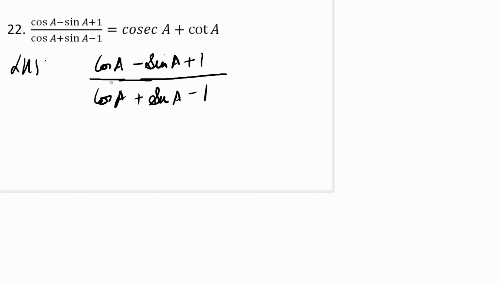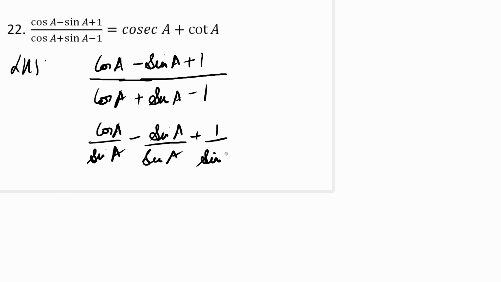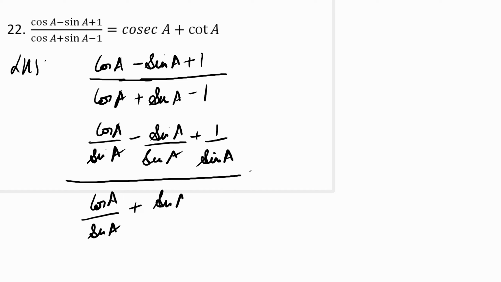We will divide it by sin A. It will become cos A upon sin A minus sin A upon sin A plus 1 upon sin A, over cos A upon sin A plus sin A upon sin A minus 1 upon sin A. So what will this become?